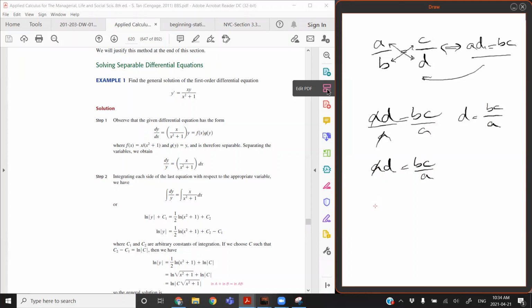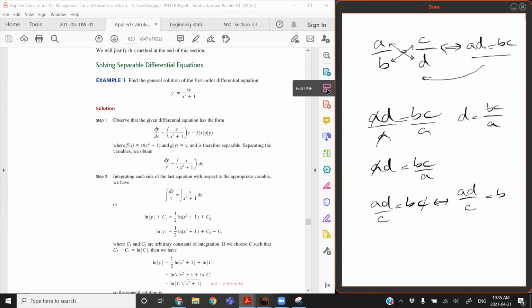Or if I have AD equals BC and I want to get rid of C on this side, I have to divide by C. So it's as if C disappears from here and then reappears at the bottom here. So AD over C is equal to B. So these are all equivalent.